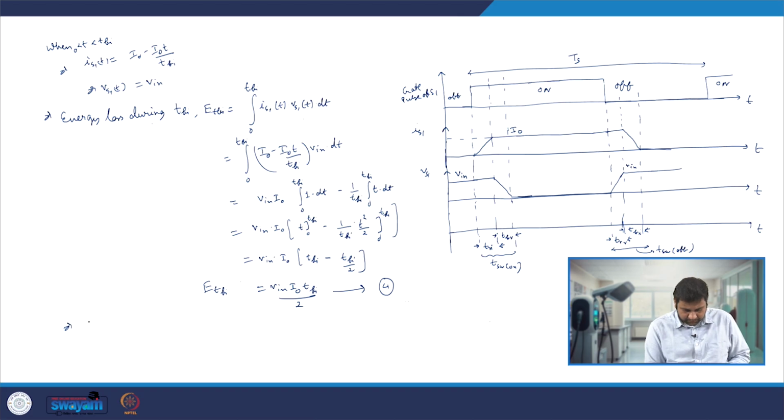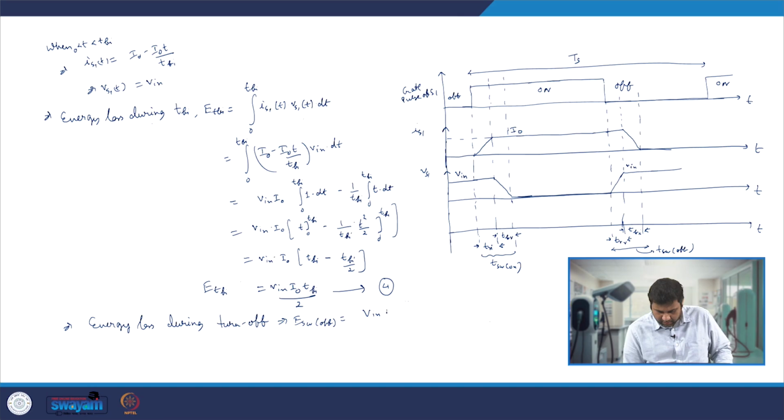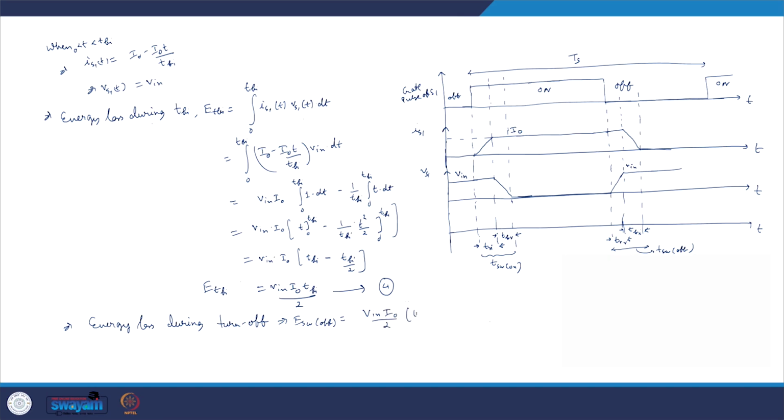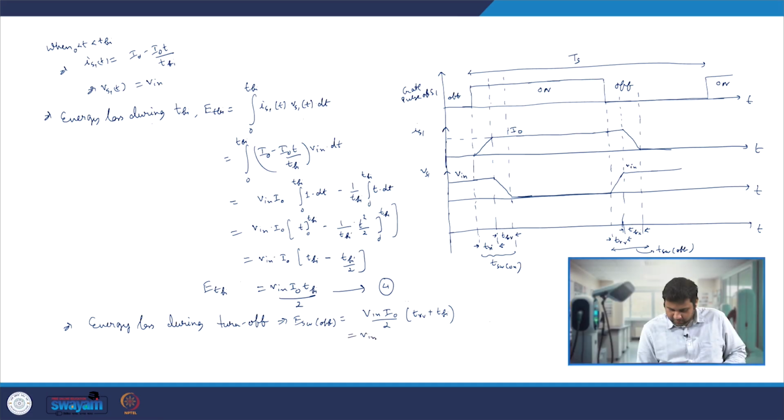So we can say energy loss during turn off case, E switch off, is nothing but Vin I naught by 2 times (TRV plus TFI). Now we know that TRV plus TFI is nothing but T switch off.